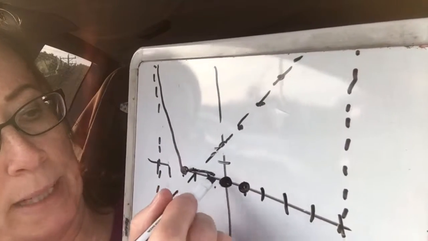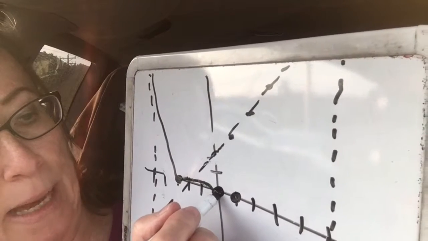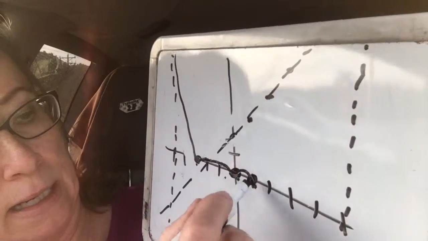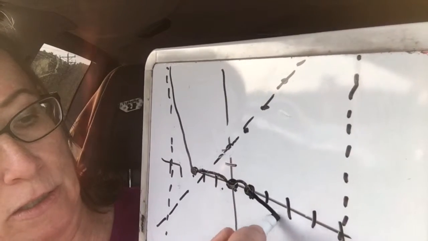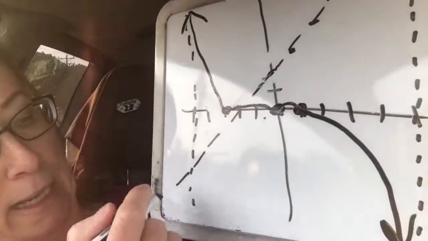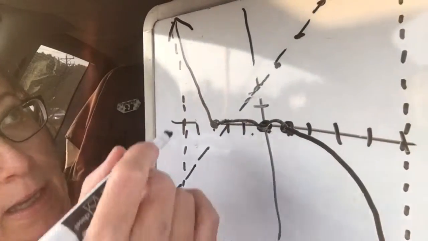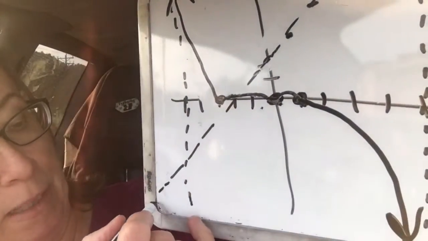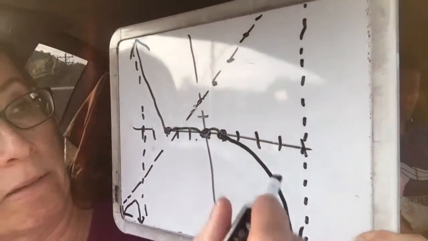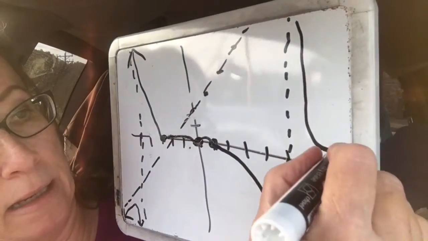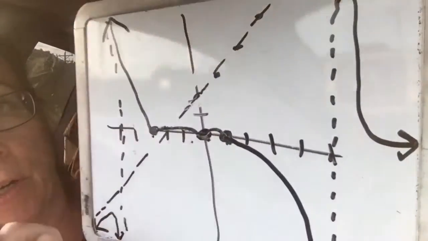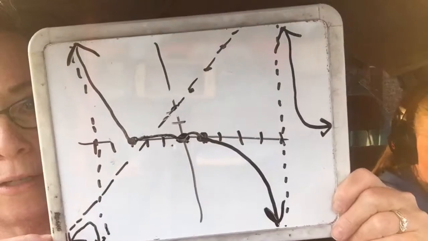We're going to have to get some more points in here to see what actually happens, but I'm thinking it pops and then continues to go down in this direction. So I'm going to throw some points in just a minute, but then way down here, since it went out high, it should come in low and do something like this. Then over here, since it went out low, it should come in high like that. Okay, so I'm going to plug in some points to confirm that, but that's what I'm thinking it's going to do.